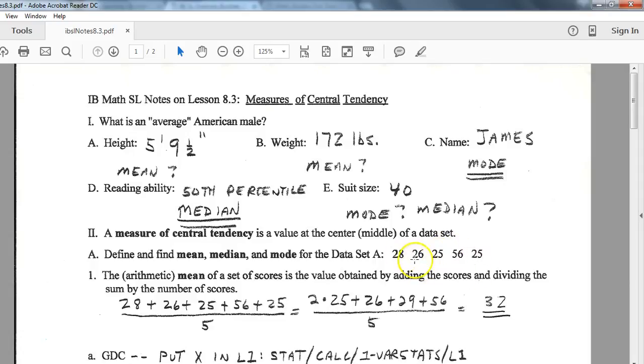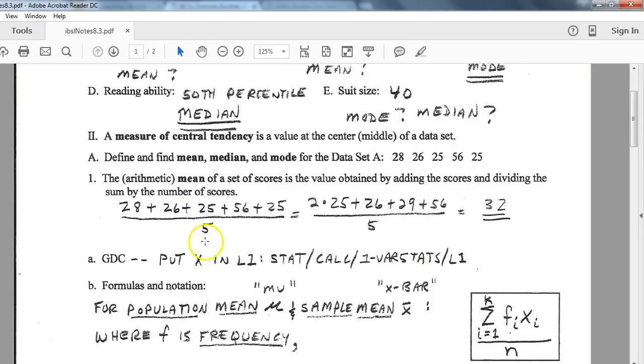So using some real data right here. First things first, if we were to calculate the average or the mean by hand, we would add up all the terms, divide by 5 because there are 5 terms, and that's how we'd get the mean.